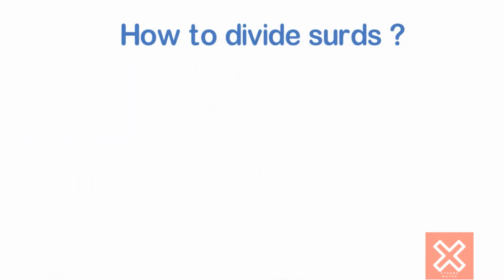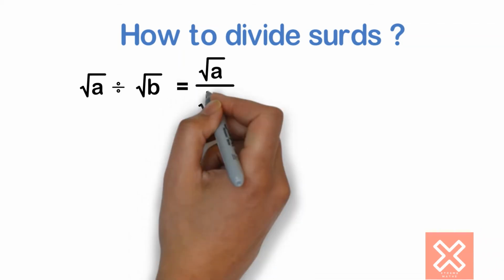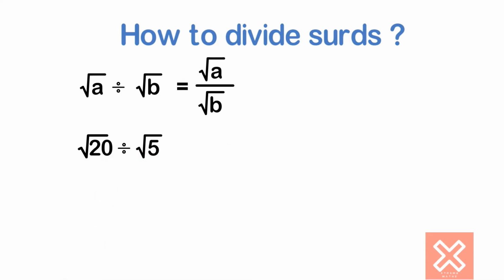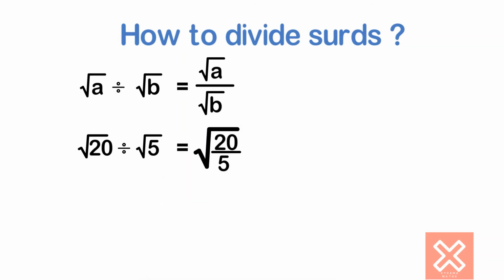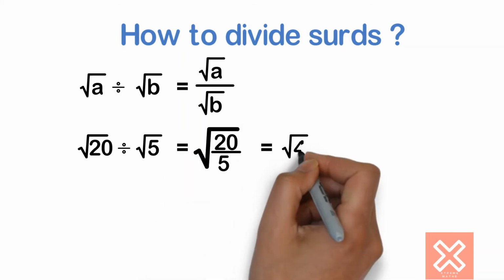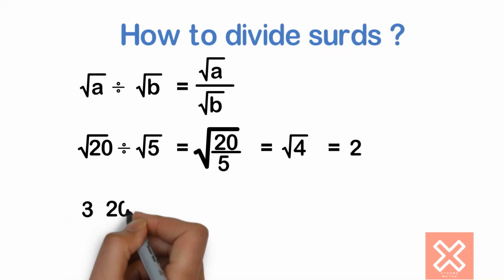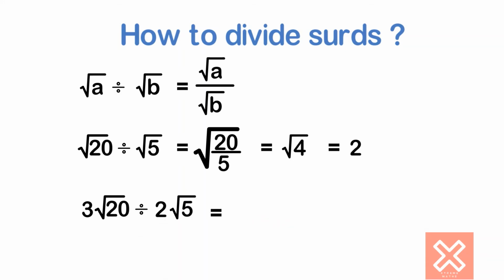How to divide surds? √a divided by √b is √a over √b. √20 divided by √5: 20 divided by 5 is √4. Next, 3√20 divided by 2√5.